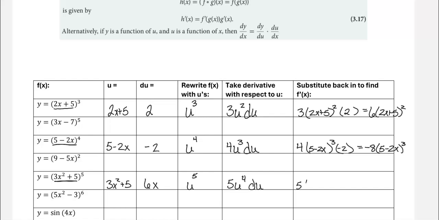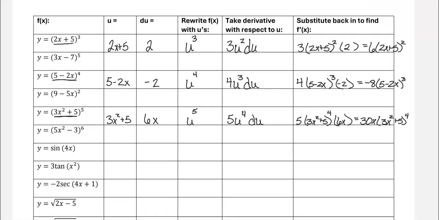And then we're going to substitute back in: 5u to the fourth du. So what goes here is my u. This is 3x squared plus 5. And then du is 6 times x. And then we're just going to simplify. 5 times 6 is 30. So that's 30x times (3x squared plus 5) raised to the fourth.